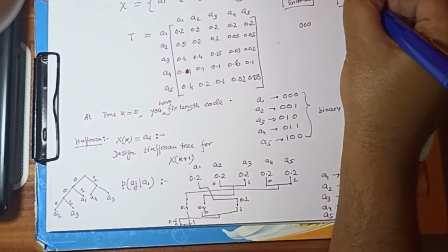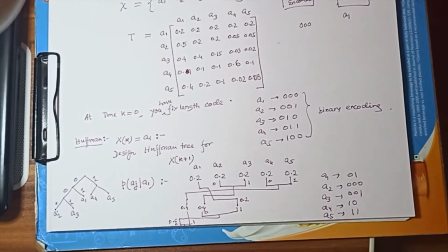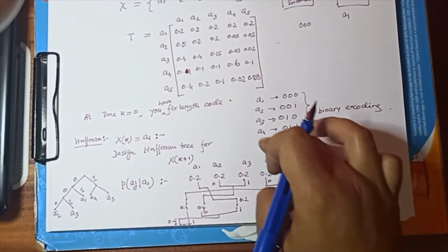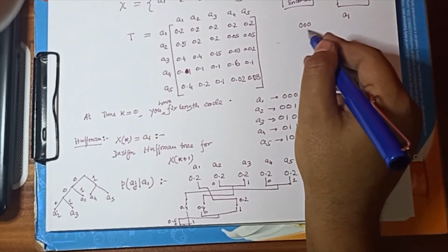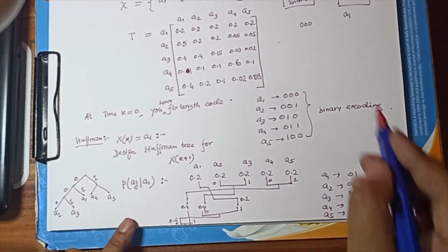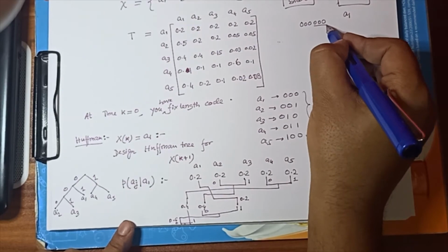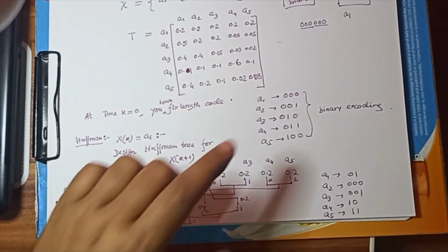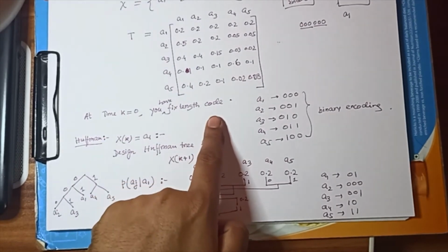So decoder should understand that 0 0 0 means A1 has arrived. Okay, this is at time k is equal to 0. Now once the first symbol is A1, after that if you have another 0 0 0, suppose, now this 0 0 0 is different from this 0 0 0. The first 0 0 0 is A1, that is the fixed length encoding at time k is equal to 0.